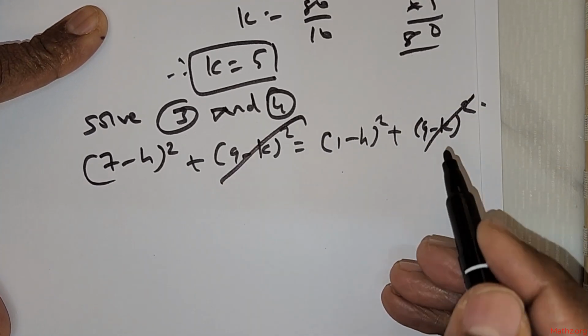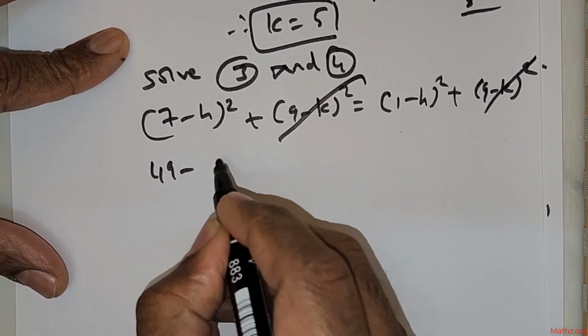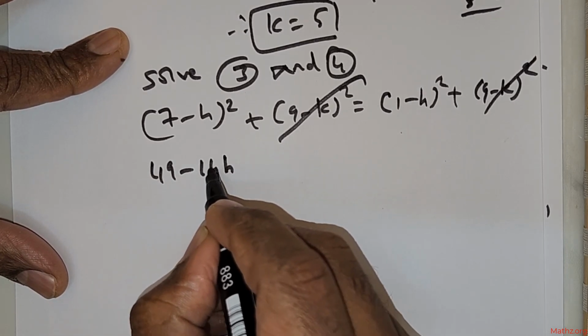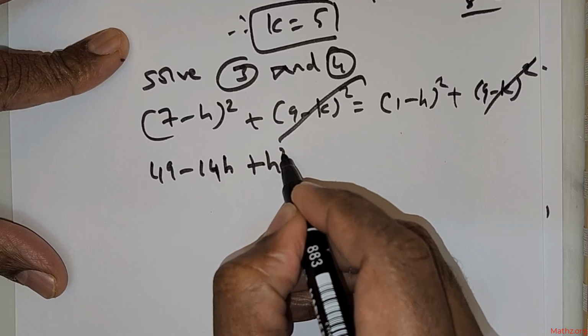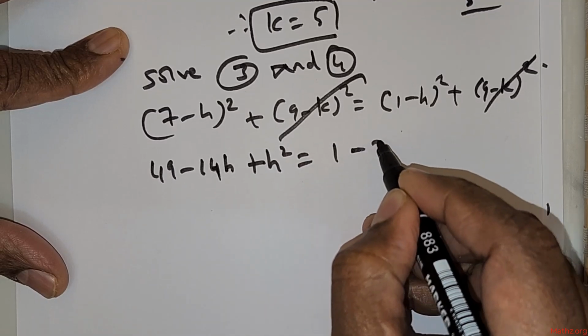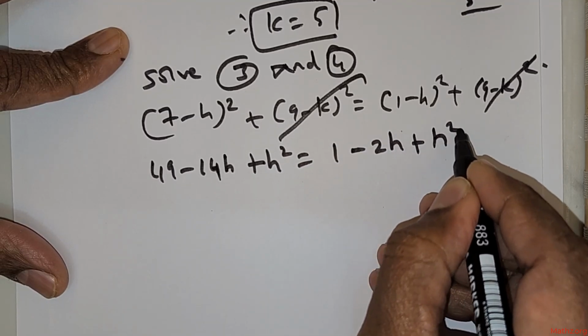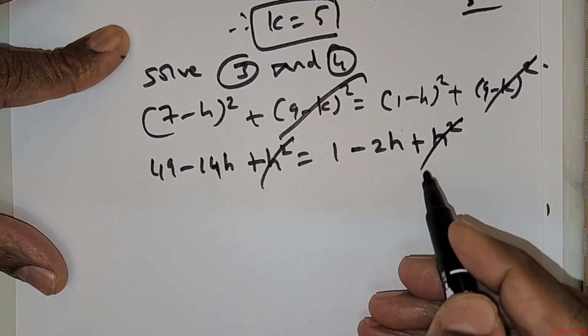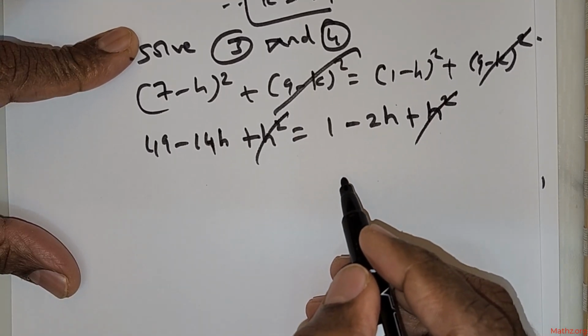So this and this get cancelled. So you have 49 − 14h + h² = 1 − 2h + h². So h² gets cancelled.